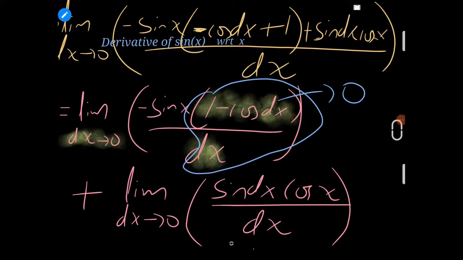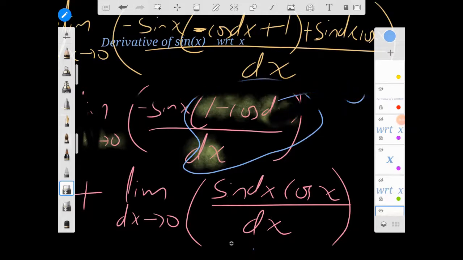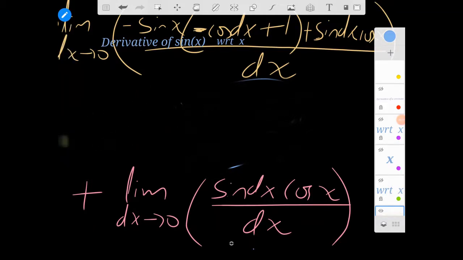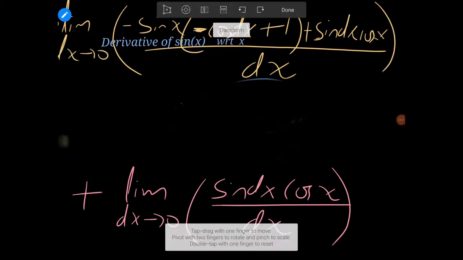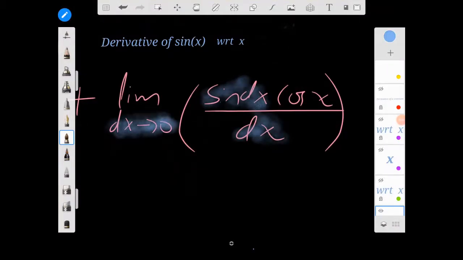Now 0 into anything is 0, so this whole thing becomes 0. I'm taking that off now. What we are left with is this thing. Here too we see sin dx by dx, and dx is approaching 0.